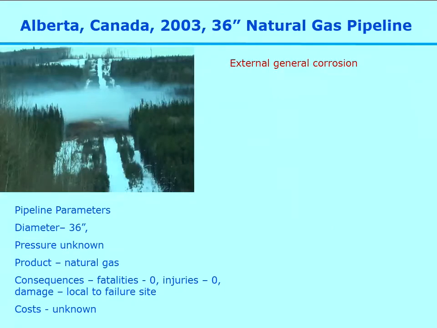This particular pipeline was through a very, very remote area, and obviously the scheduling of inspection hadn't been frequent enough, so it failed. It was in the middle of nowhere, so there were no safety consequences, but it was quite a critical supply pipeline, so it did cause a lot of supply disruption at the time.